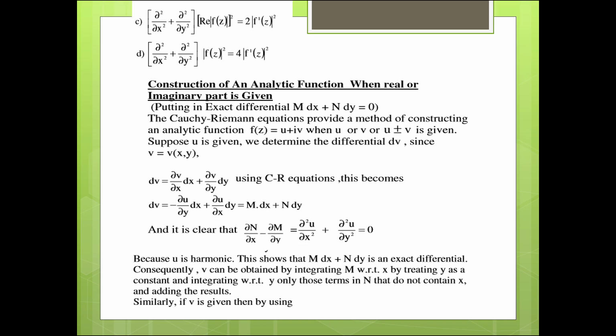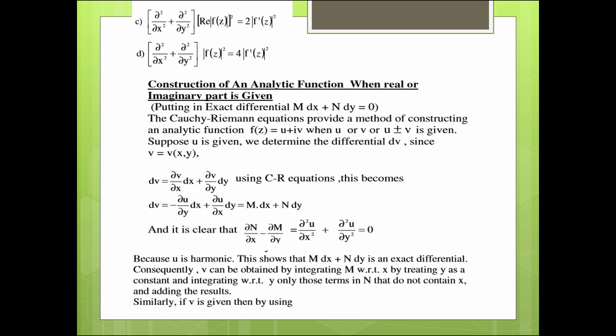We determine the differential dv. Hence v equals v(x,y), dv equals ∂v/∂x into dx plus ∂v/∂y into dy. Using CR equations, this becomes dv equal to ∂u/∂y into dx plus ∂u/∂x into dy, that is equal to m dx plus n dy.